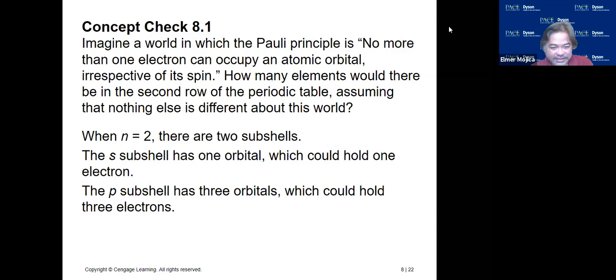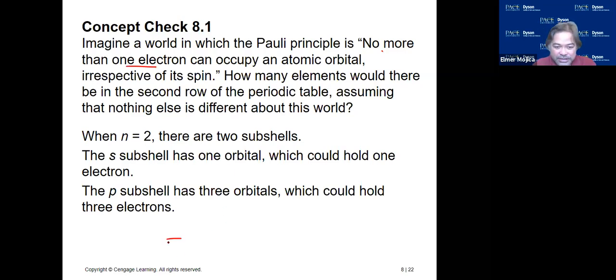The s and the p. Now, the assumption that we have here, we know the Pauli principle says 2 electrons in each orbital. But what if we have a condition like this? Instead of 2, you only have 1 electron per atomic orbital. So how many elements would there be in the second row if we follow this assumption, no more than 1 electron?